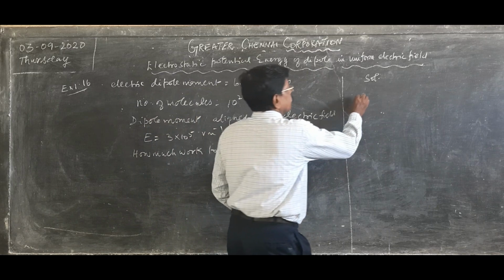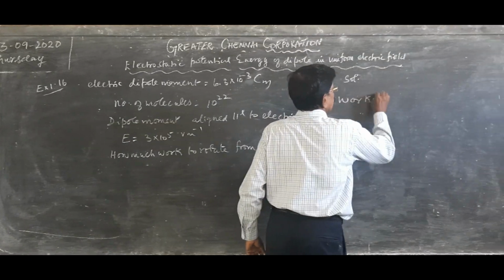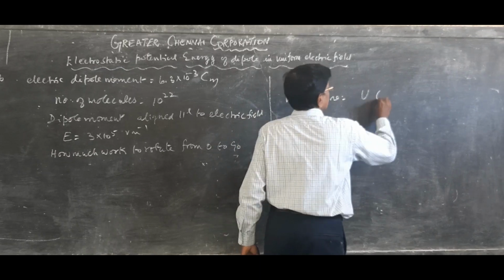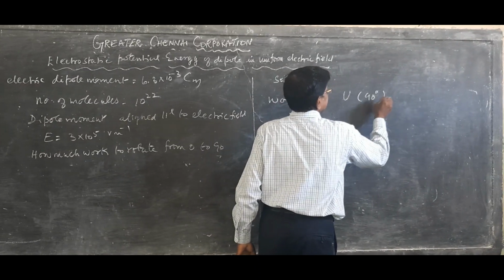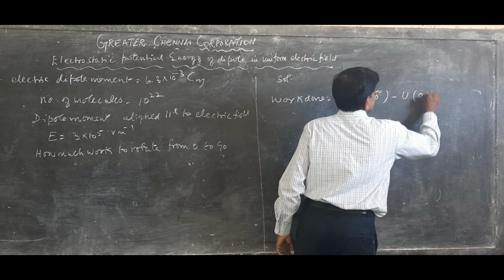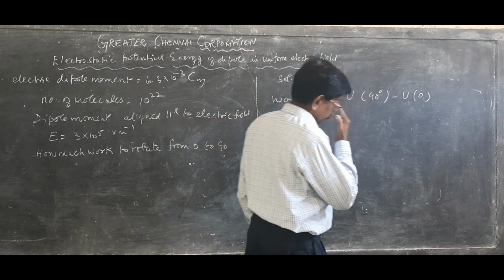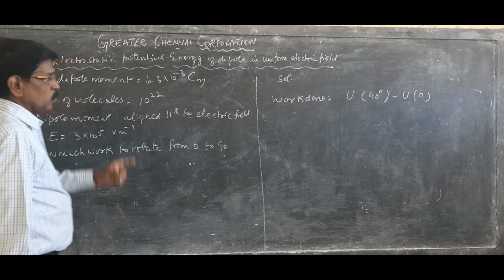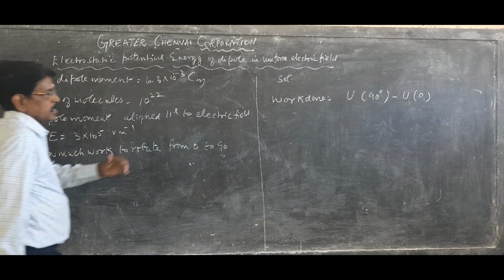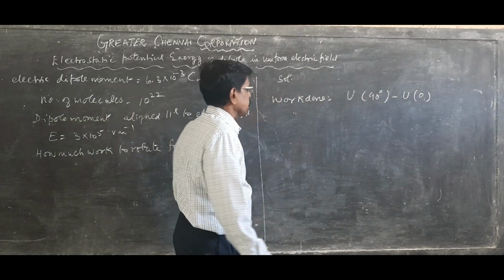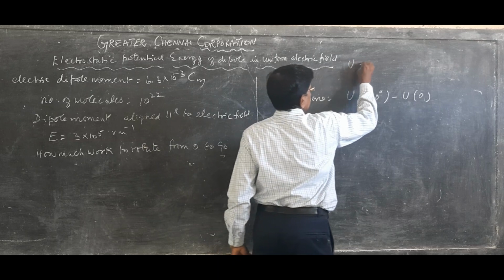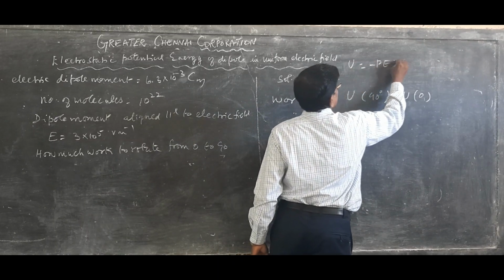So, what is the formula for work done? The change in potential energy: the energy at the final 90 degree minus the energy at 0. U is the energy at the final stage, and this is the initial energy. What is the formula for U? U equal to minus PE cos theta.